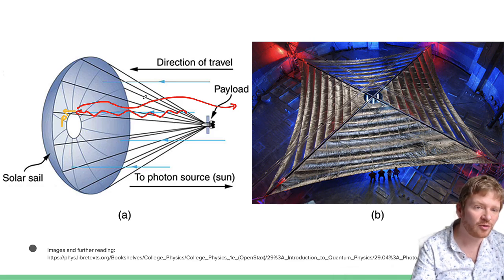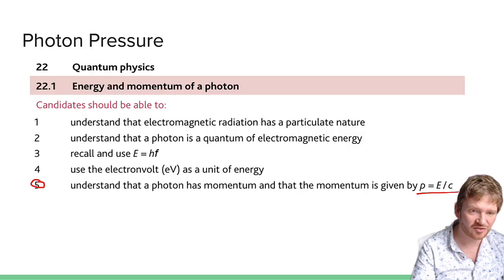Although the individual momenta of these photons from the sun are absolutely teeny, if they go on for years and years, you have constant increases in momentum, and that can be enough to get you up to some pretty large velocities. And when we look at interstellar travel between stars, some of the best theories of how we could do it actually involve these solar sails, which seems super counterintuitive, but there we go. That is the physics.